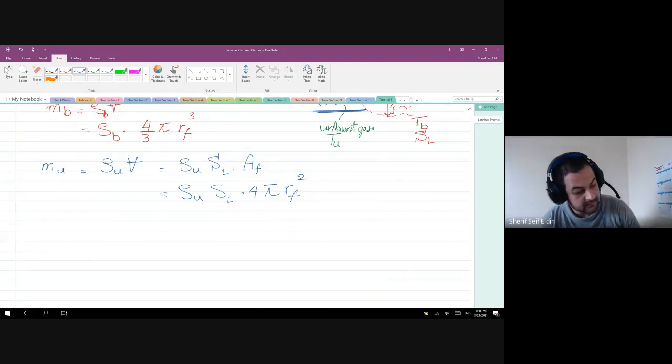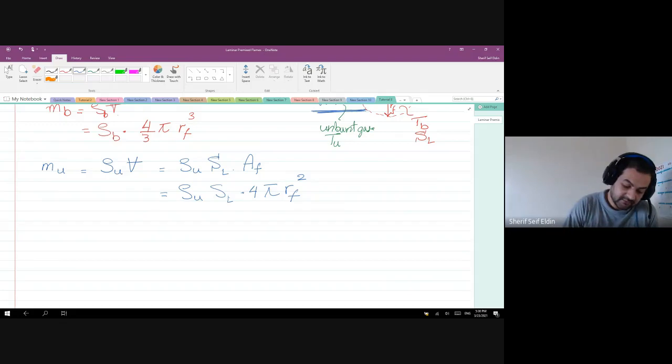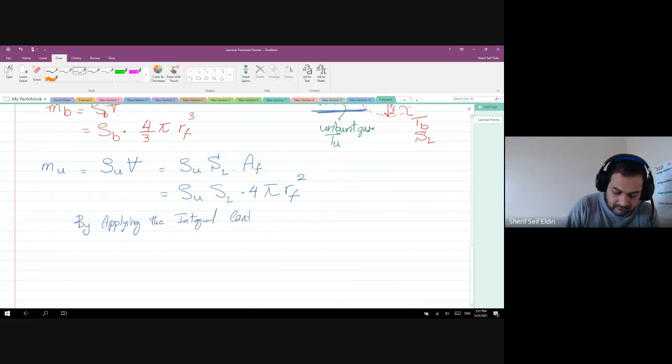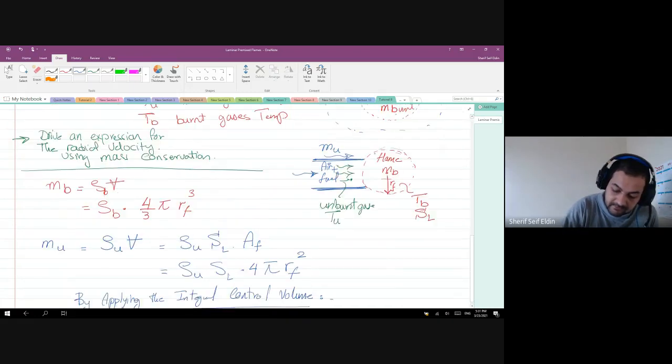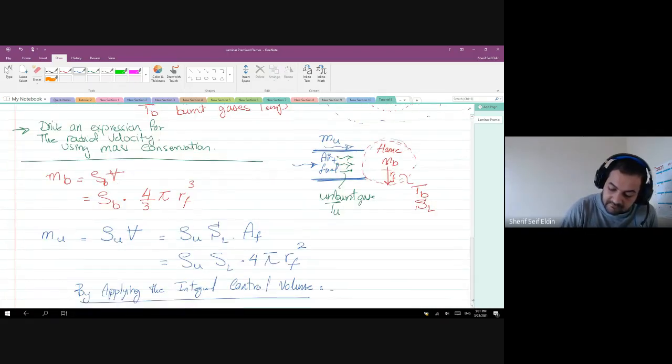By applying the integral control volume, we have taken our control volume over the spherical flame.